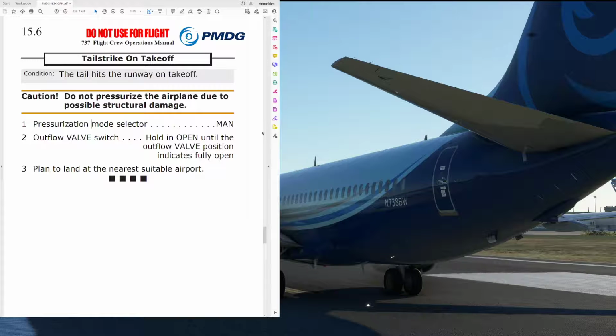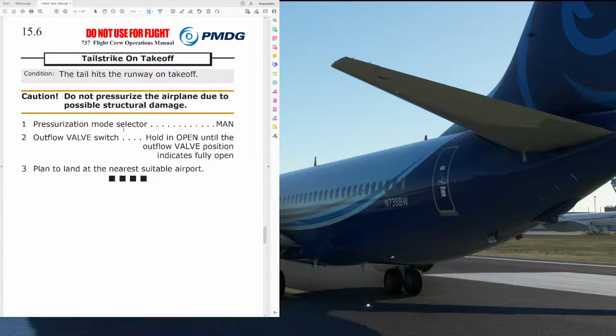But if we follow those two steps, what we are doing here is basically depressurizing the cabin. If we do that, we might deploy the passenger oxygen masks if the airplane is above flight level 140 already. So do hold the checklist here.